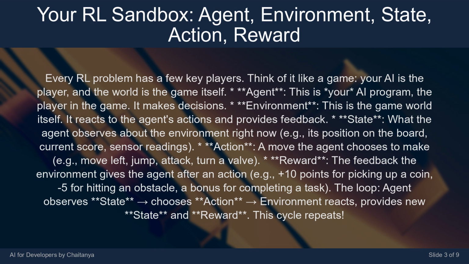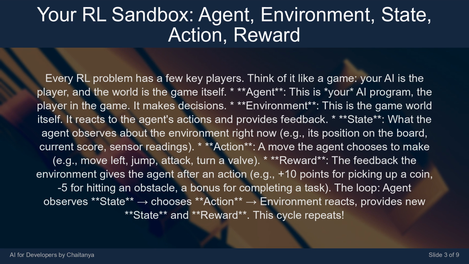E.g., plus 10 points for picking up a coin, minus 5 for hitting an obstacle, a bonus for completing a task. The loop. Agent observes state, chooses action, environment reacts, provides new state and reward.